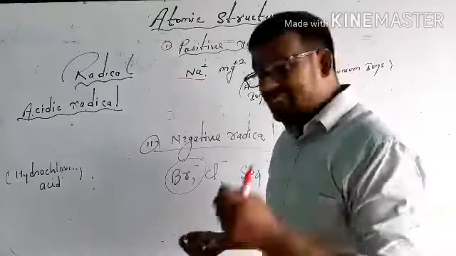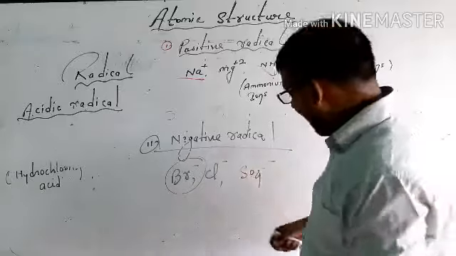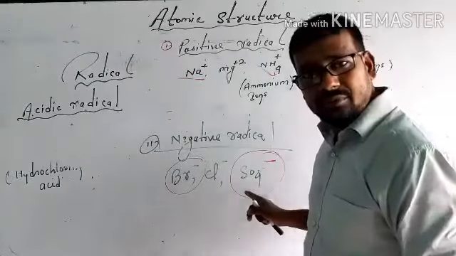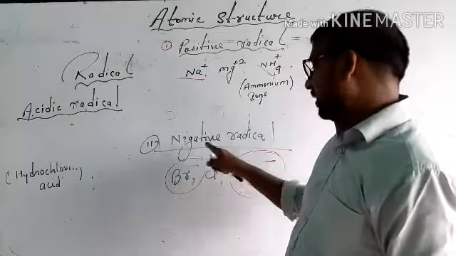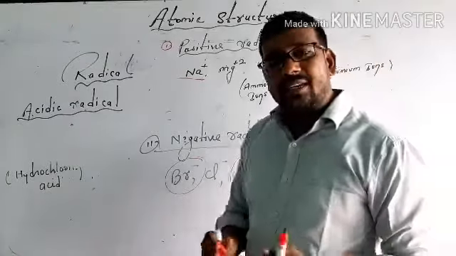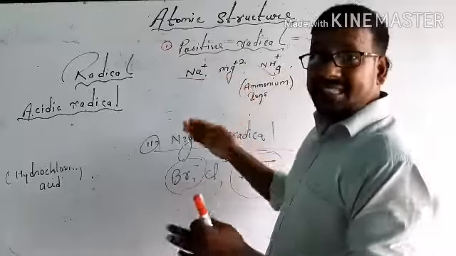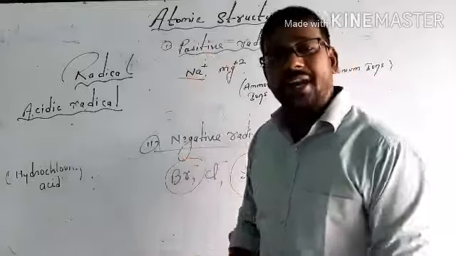It is called a simple negative radical. And you can see SO4 minus 2, it is a compound. So this is a complex form and this is a compound negative radical. The conclusion is that simple and complex radicals are there in the case of positive and also in the case of negative.